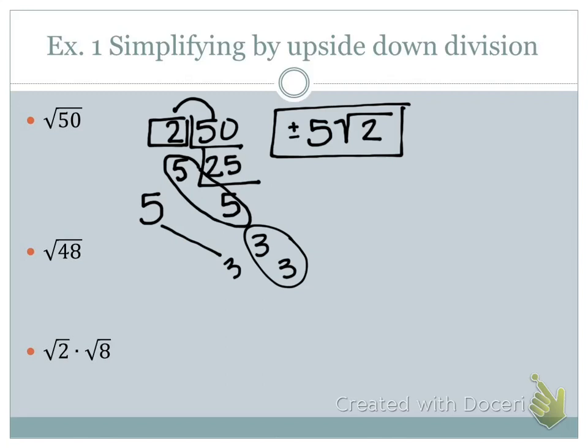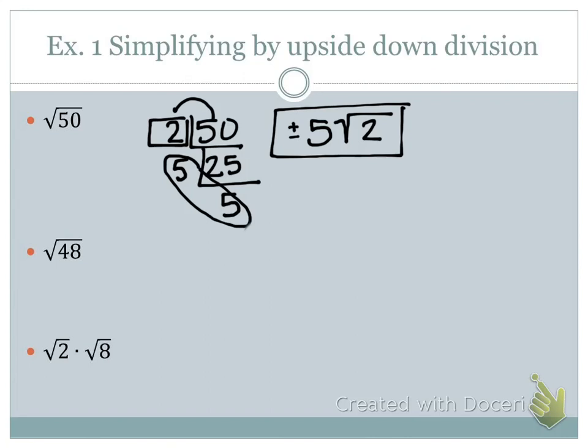Okay, so let's do 48. Now, does 48 have an exact square root? Nope, it does not. So can 48 be simplified? Yes, it can. So I need to do upside down division.